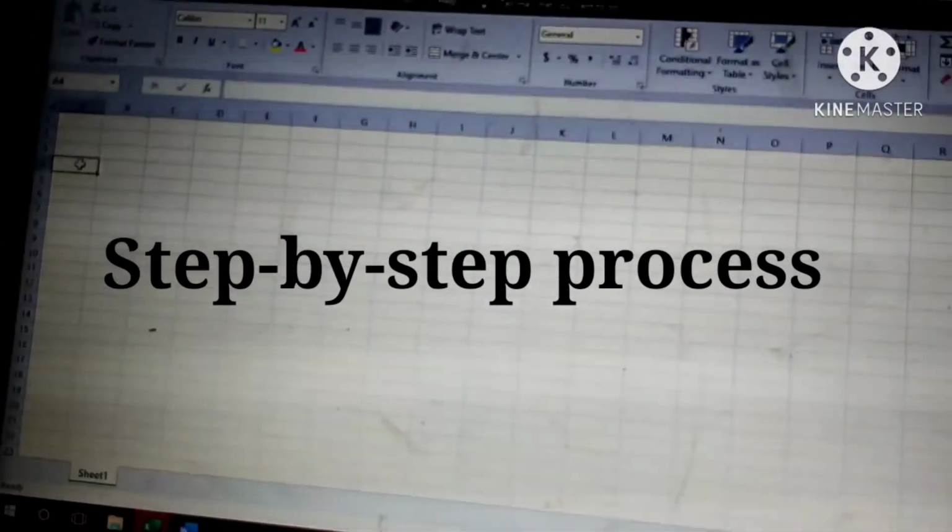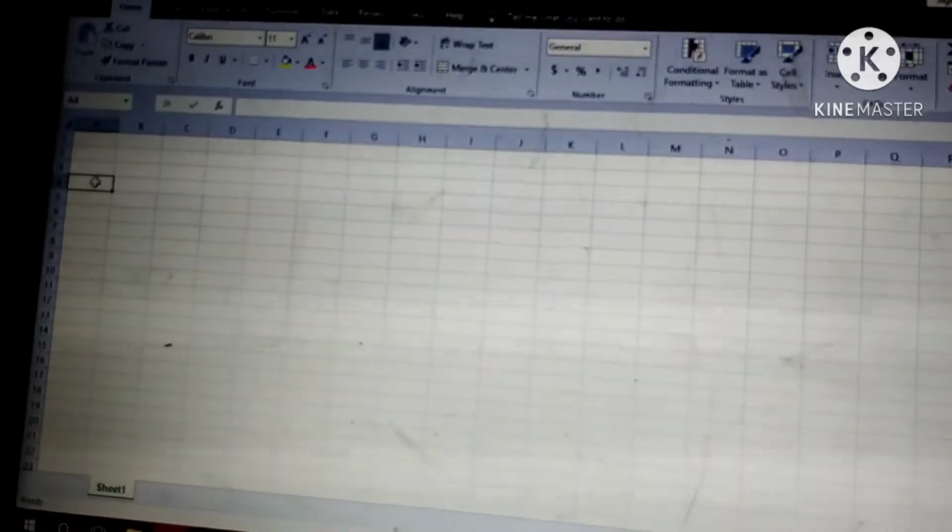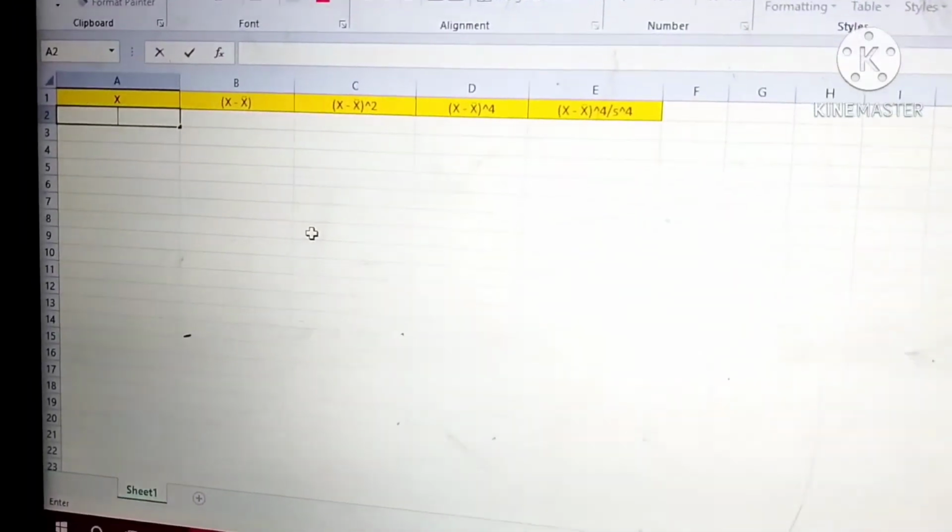First, we need to plot the data on the table using Excel or by hand. But I prefer to use Excel because once we input the data, it gives an automatic result. So here's our data.